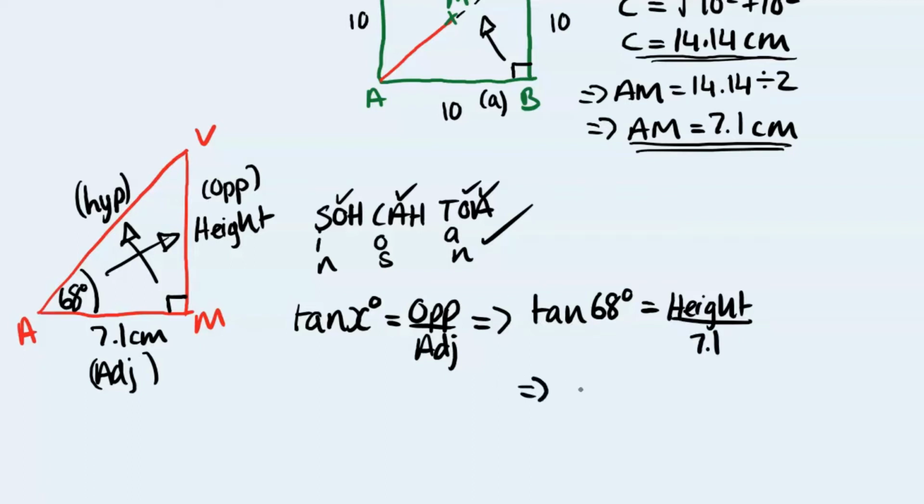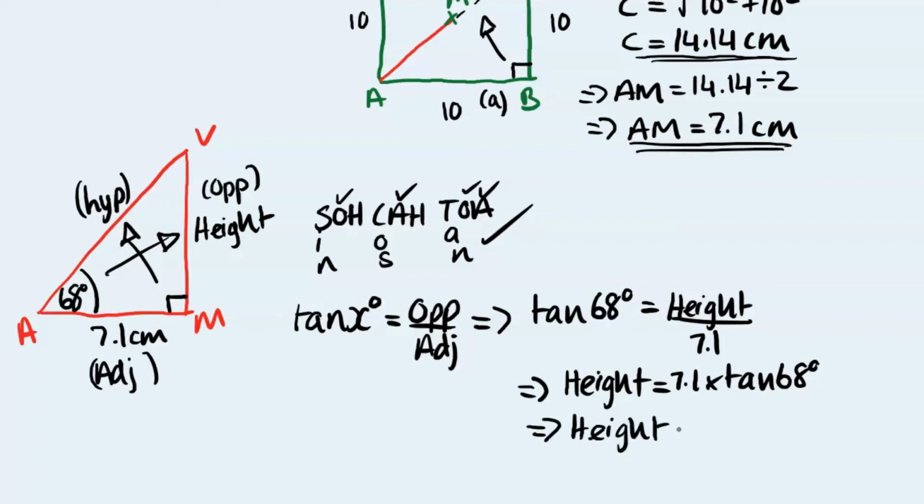We just have to rearrange this equation to find height. So height is equal to 7.1 times tan 68 degrees, so 7.1 centimetres multiplied by tan 68 gives us 17.6 centimetres when you put that into a calculator. And there we have it.